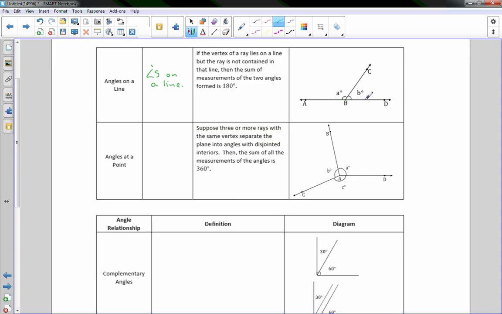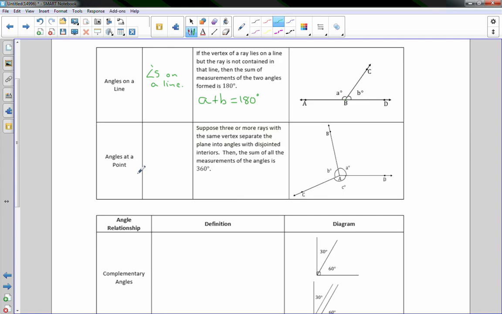In other words, here's line AD, here's line BC, and the vertex is at B, but ray BC is not on BD or AB or AD, so it's going in a different direction. Then the sum of the measures of the two angles formed is 180 degrees. So here we have angle A plus angle B, and they add up to 180 degrees. That's angles on a line.